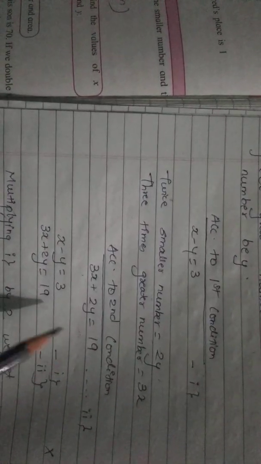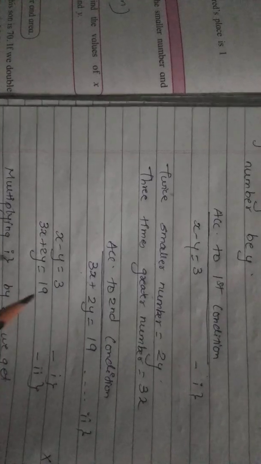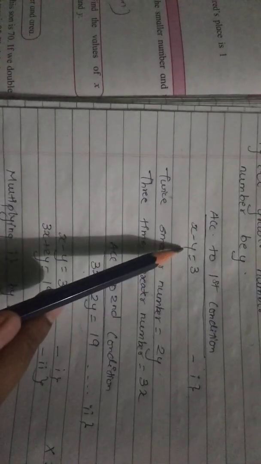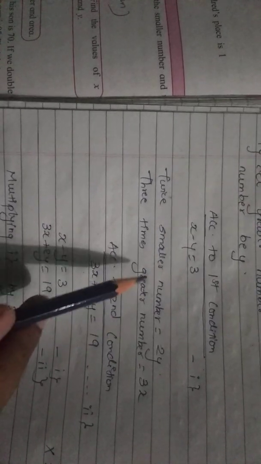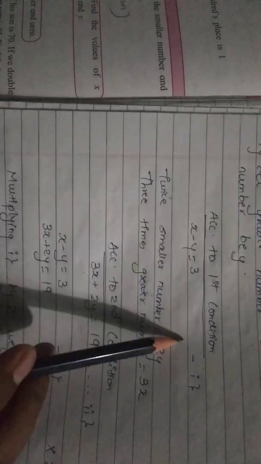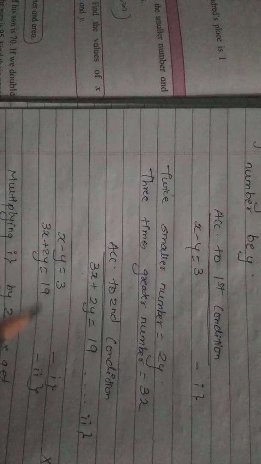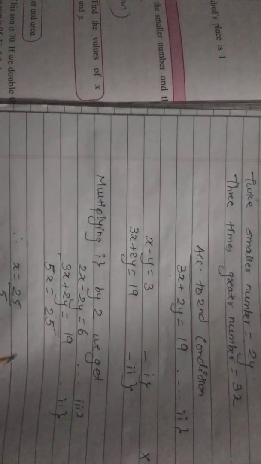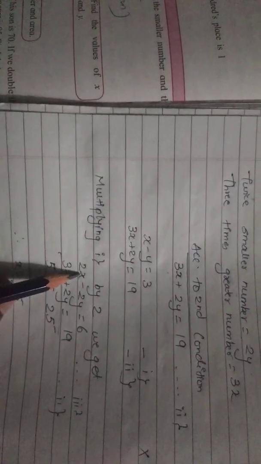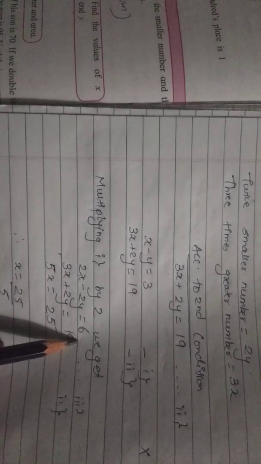So can we do anything common? Yes, we can. In equation number 1 we can multiply equation number 1 by 2 throughout. So if we multiply, we will get 2x minus 2y equals 6.